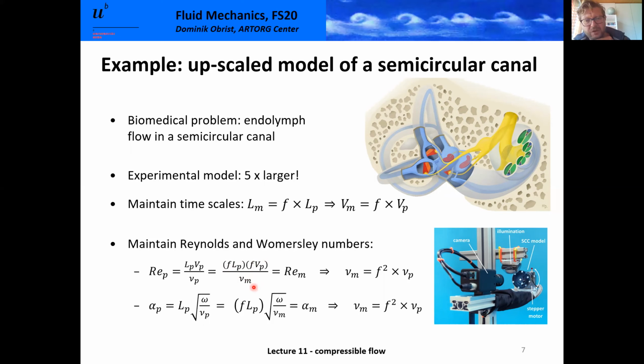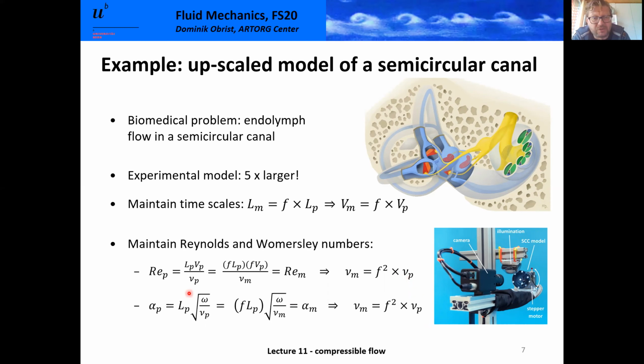That means the viscosity in our model should be F squared times higher than the original viscosity. And that's what it says here. The model kinematic viscosity should be F squared, which is 25, times higher than the problem viscosity.